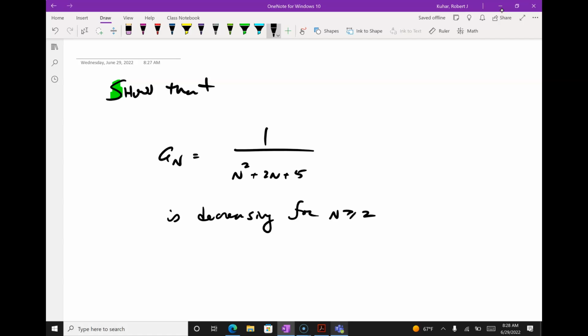So how do we do that? It looks like it's going to be a complete the square problem, but how do we show it's decreasing? There's two ways. One is the way I've talked about already: take a derivative, show after 2 that the derivative is negative.